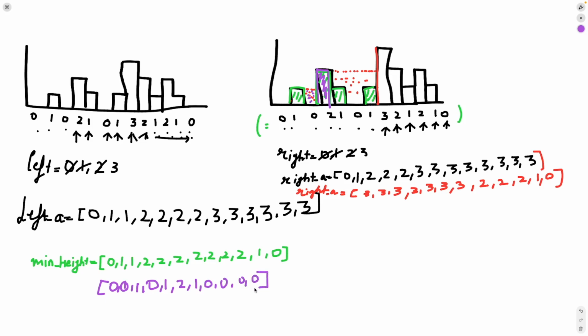Now in the end, if I add all of this array, I get 1 plus 1 plus 2 plus 1, which is equal to 6, which is the answer that we are looking for. I hope this logic is clear. If you have any questions, please write down in the comment section and I will be able to answer those for you. Now let's quickly look at the coding of this problem.